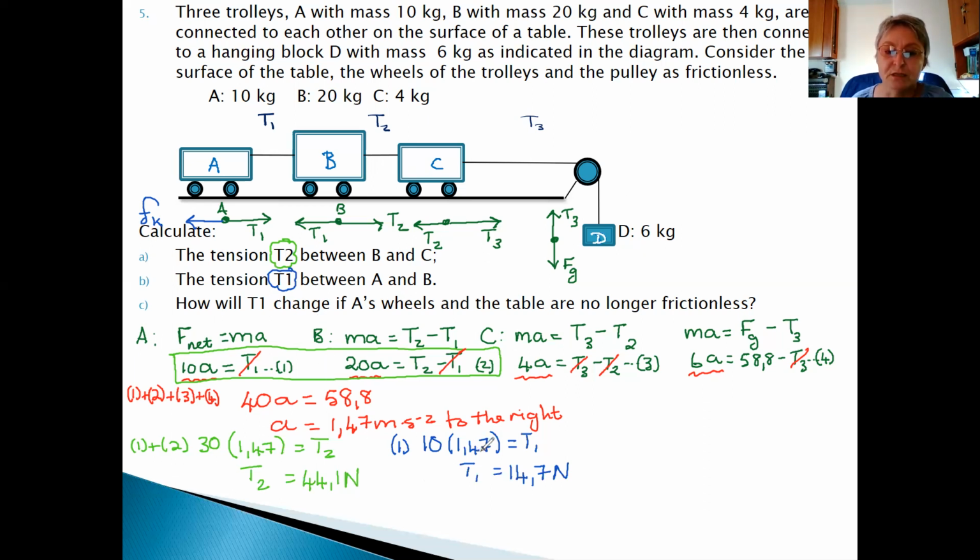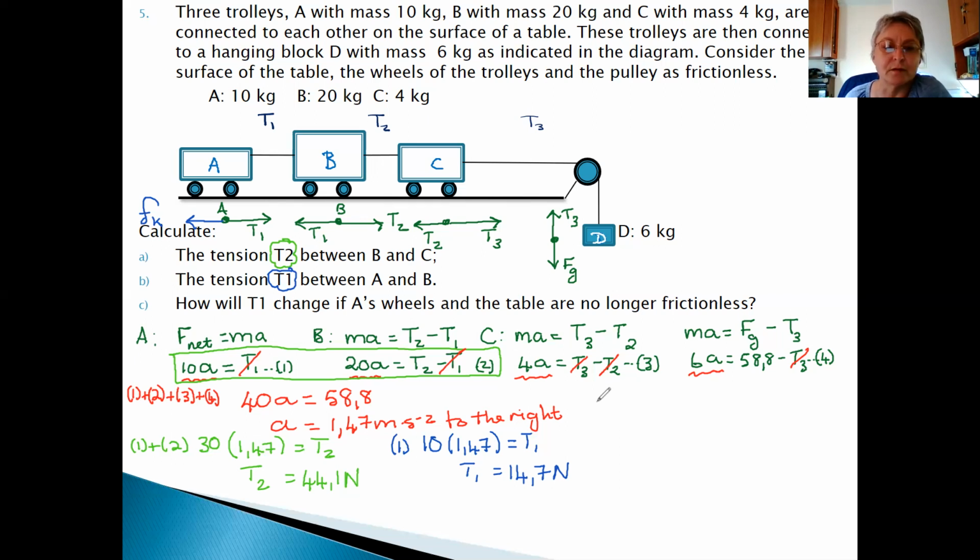Yes, there would be friction, and the acceleration will be less. But the tension T1 will increase.